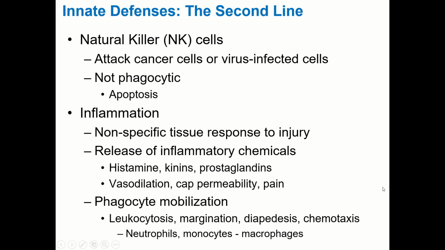So it sort of starts that positive feedback loop where the initial chemical mediators attracted the white blood cells, and then once the white blood cells get there, they release more of the chemical mediators, and so that causes even more white blood cells to migrate to the area. That's what chemotaxis is.